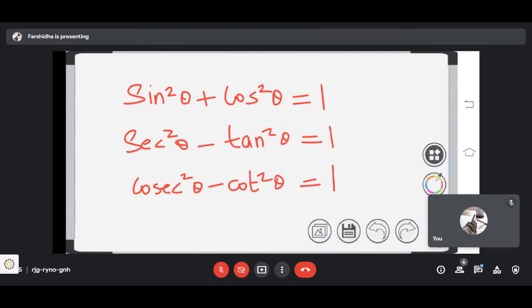So come to example number 12, page number 191.